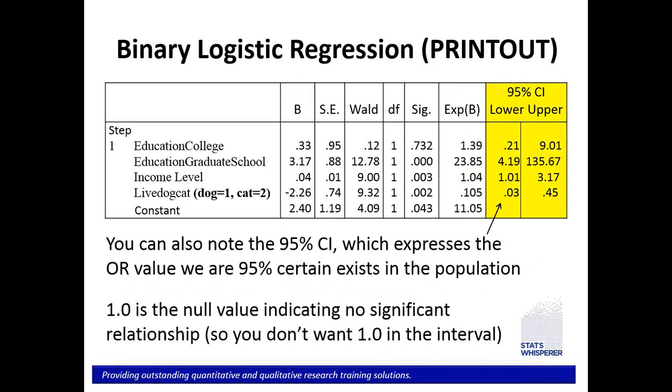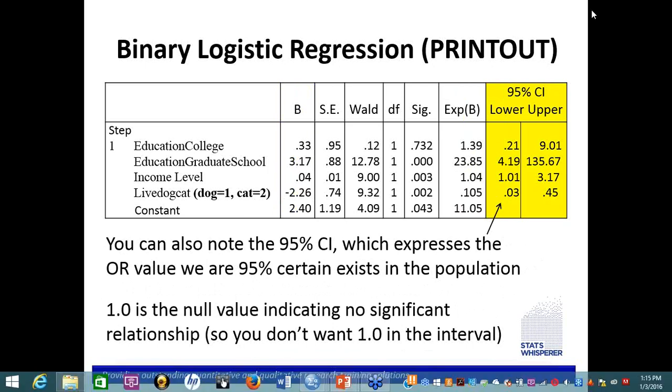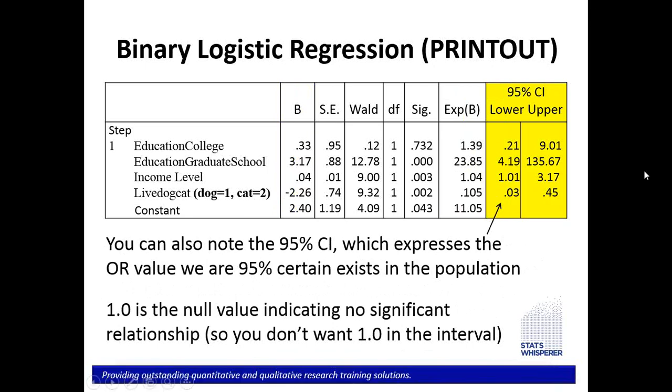Now, we also want to note the 95% confidence interval. Remember we checked the 95% CI of the exponent beta? The confidence interval is telling us that the odds ratios we have here probably aren't the actual odds ratios in the study population.